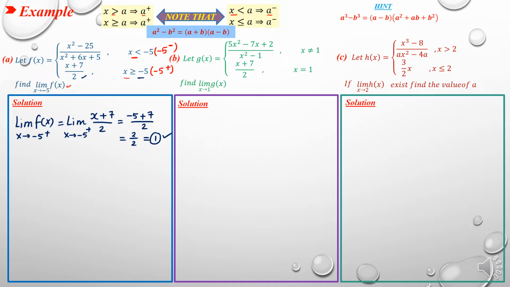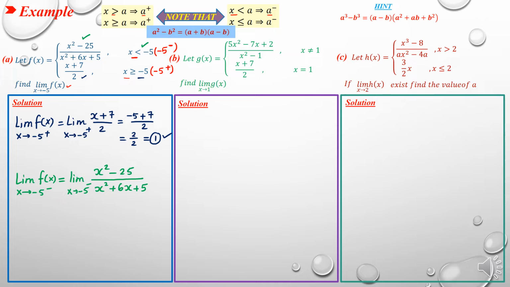Secondly, you have to write the limit of the function of x when x goes to negative 5 from left. And here we talk about this interval, and we will use this function. So this is equal to the limit of x squared minus 25 divided by x squared plus 6x plus 5 when x goes to negative 5 from left.